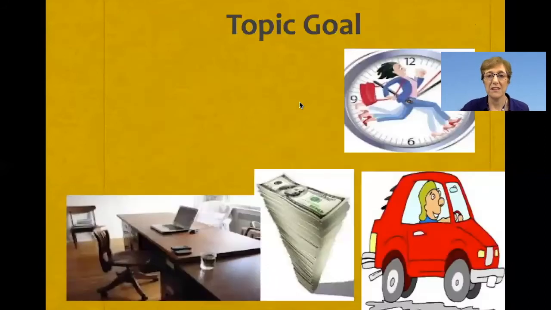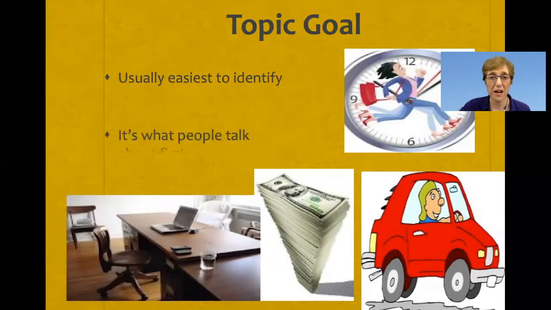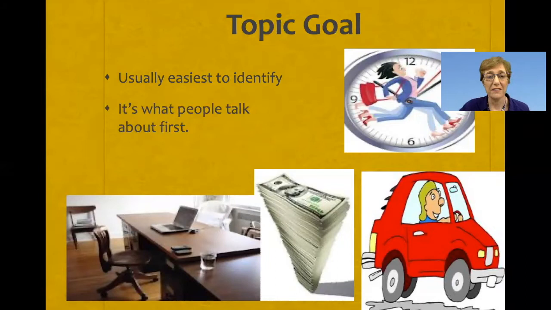Here are some examples. People might be arguing over time, money, space, who's driving, who's paying for gas, all those kinds of things. They're usually easiest to identify in a conflict because, like I said, that's what people are talking about. And since that's what they're talking about first, it's also how we often define a conflict.